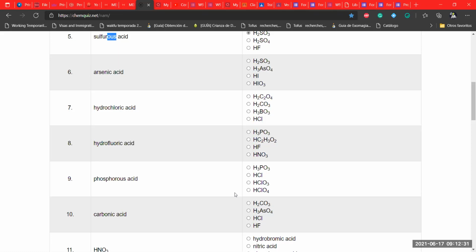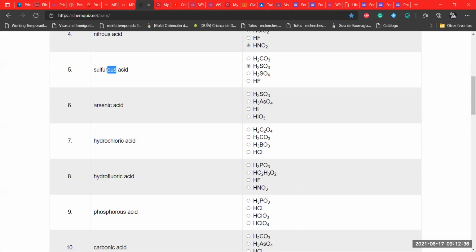Angie Fabiana, which one would you choose for the number 6? Arsenic acid. H3ASO4. Exactly, because this is arsenate. So you replace the ATE by IC, arsenic acid.